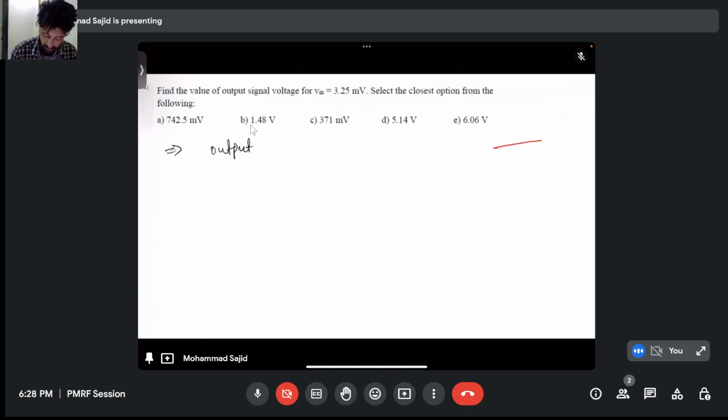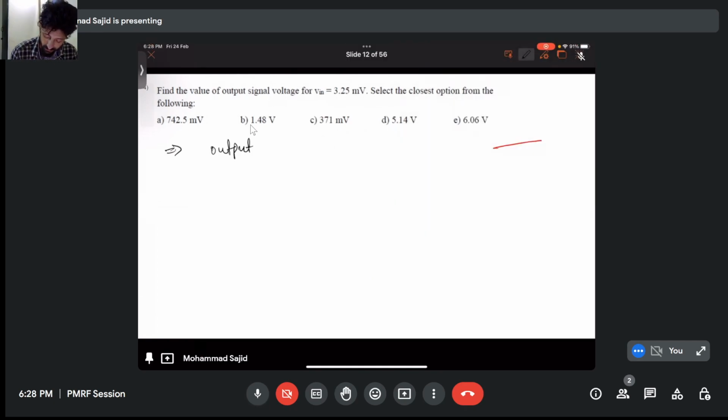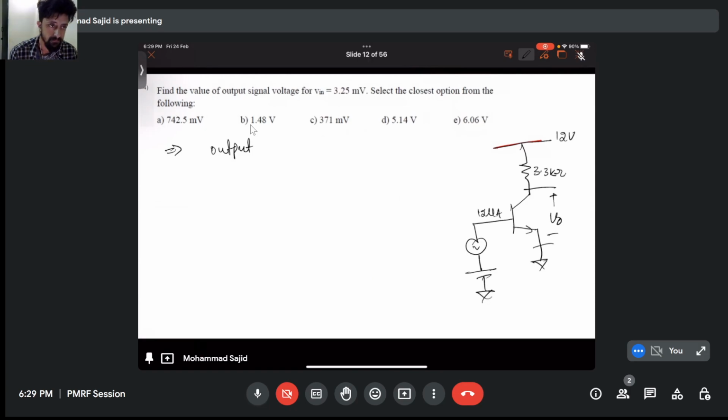It will take me less time to draw. Okay, this is 12 microampere.